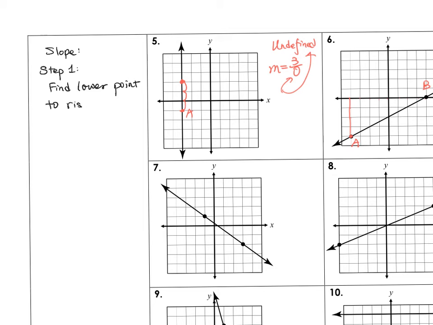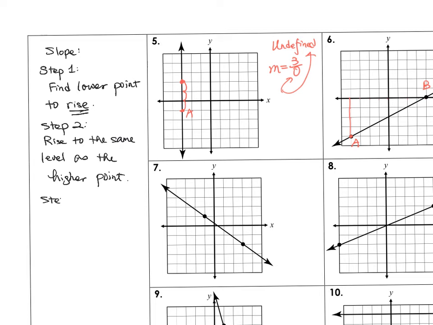Always start with the lower point so that you calculate the rise. Step 2, you have to rise to the second point, the higher point, the same level, right? If you want to write it down, you can say rise to the same level as the higher point.